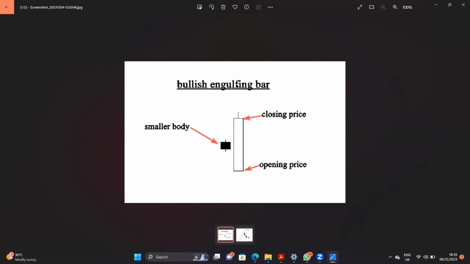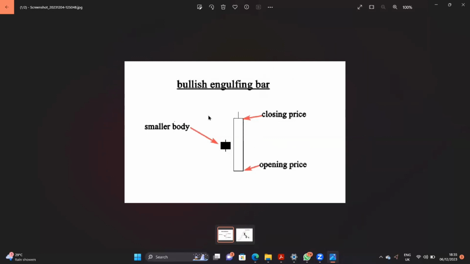So if a bearish engulfing candle consists of two candles, one a small bullish candle and the other an engulfing longer bearish candle, then the bullish engulfing bar pattern is just the opposite.